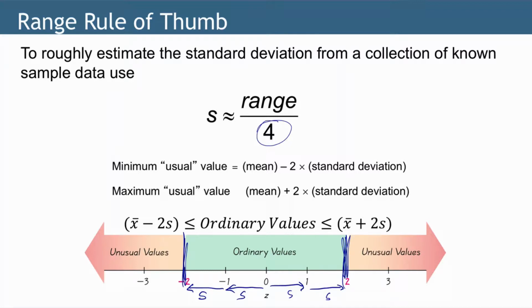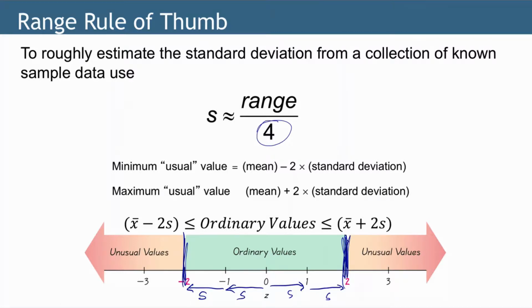Okay? And so that's why we use this kind of scale idea down here. If you're within 2 standard deviations, then you are considered an ordinary value. If you're outside of that, that's considered an unusual value.